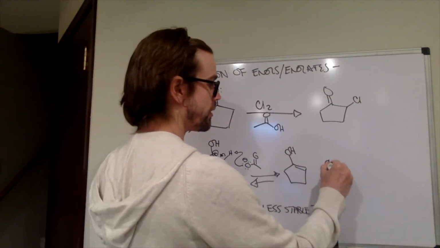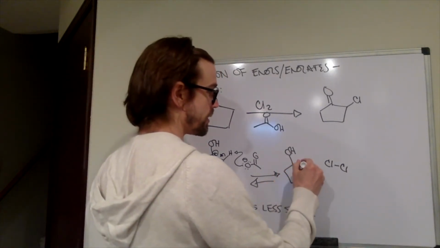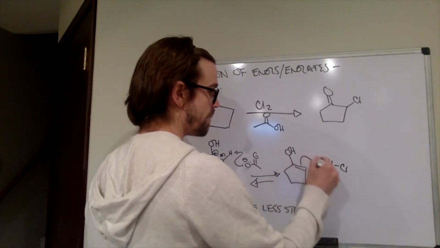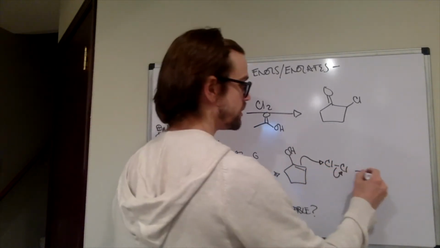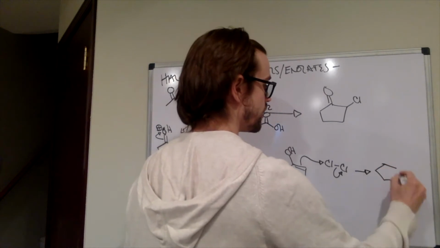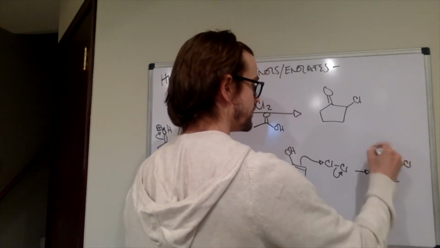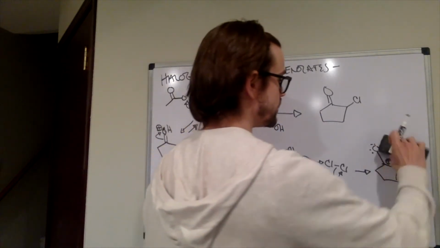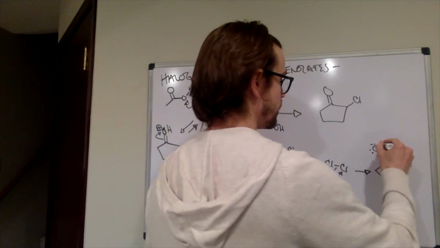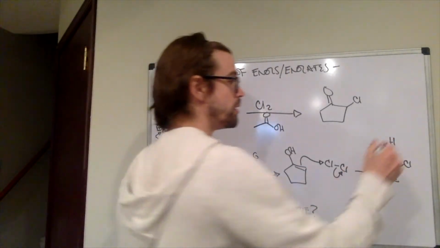But another electrophile that's around is Cl2. So the other thing that can happen is that pi bond can add to Cl2, which breaks the Cl-Cl bond, forming the carbon-Cl bond and the positive charge right there. And at this point, a base could come along.